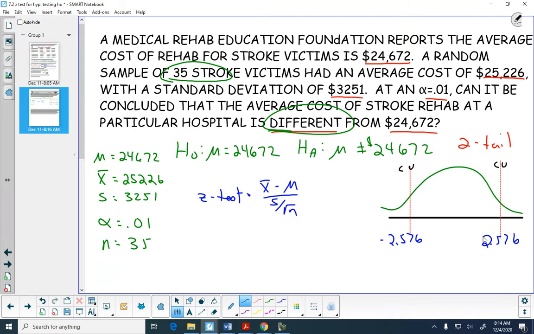So putting in our values, we have x bar 25,226, minus mu, which is 24,672, divided by our standard deviation, 3251, divided by the square root of 35.